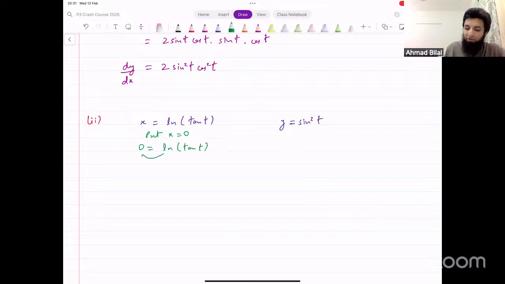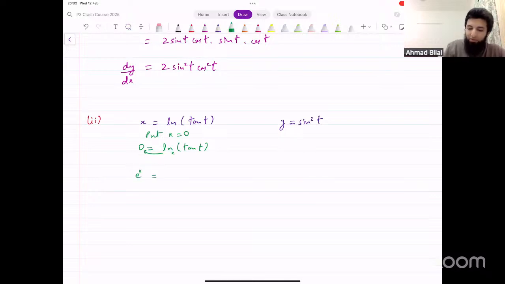Okay, now ln goes to the other side. Remember what happens when ln goes to the other side? It becomes the base of that number in power form. So it becomes e raised to power 0, right? And on the right side, we have tan t left.